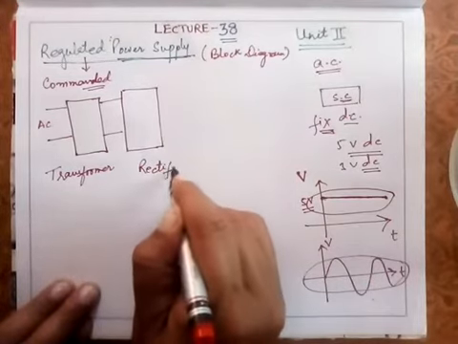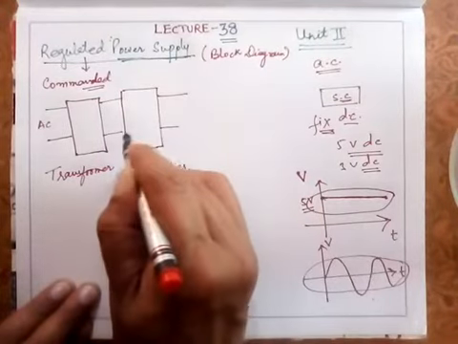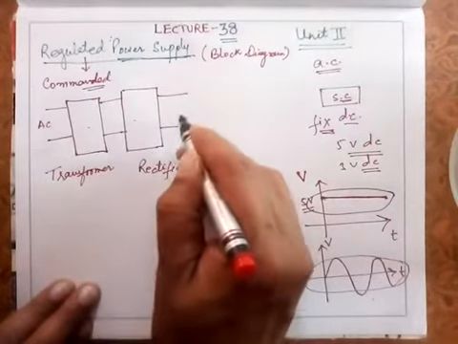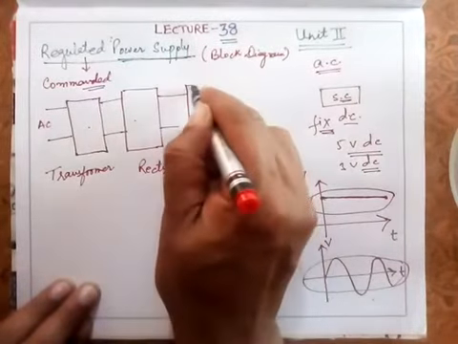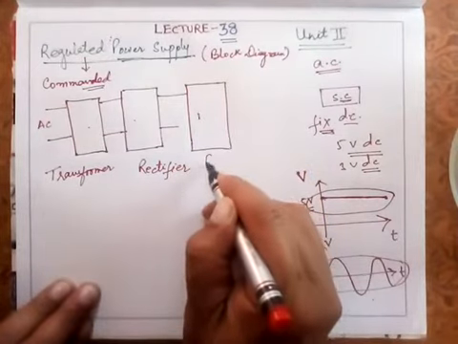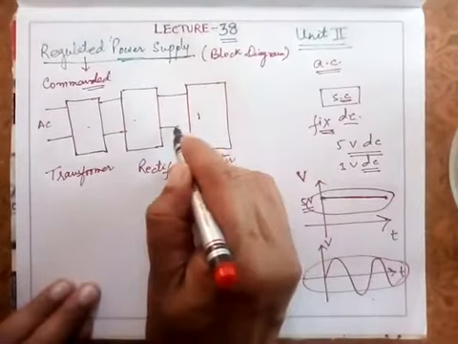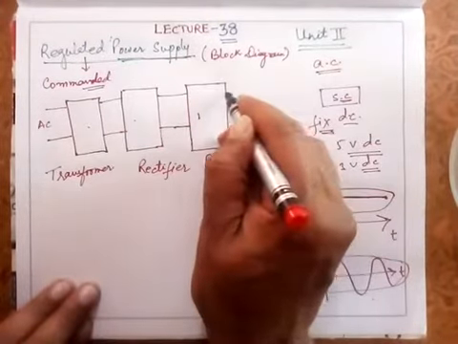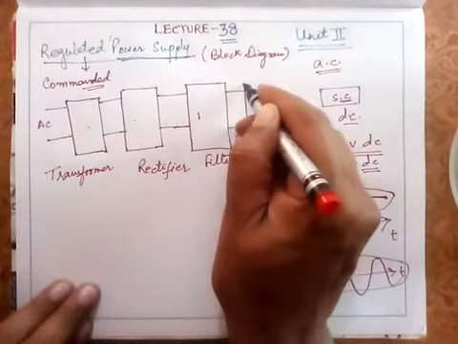I'll just brief them one by one. These are all electrical circuits. After the rectifier, we use a filter here. And then another block, we call it a regulator.